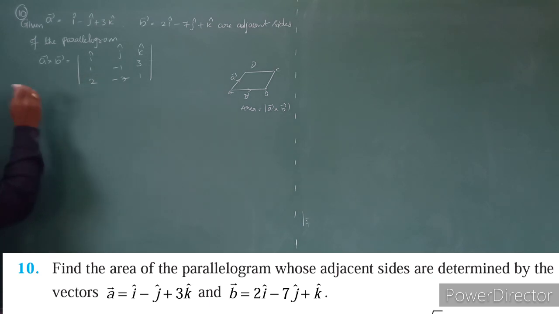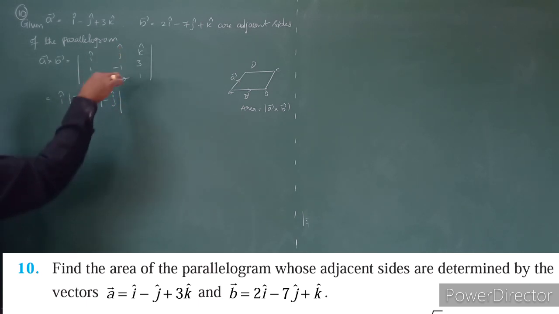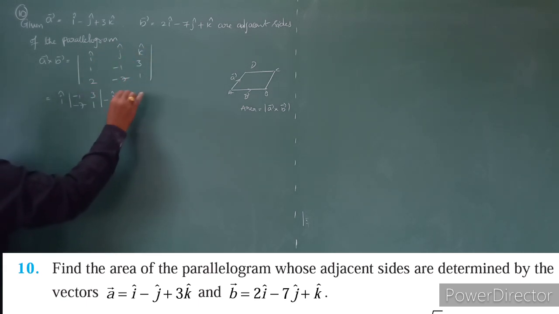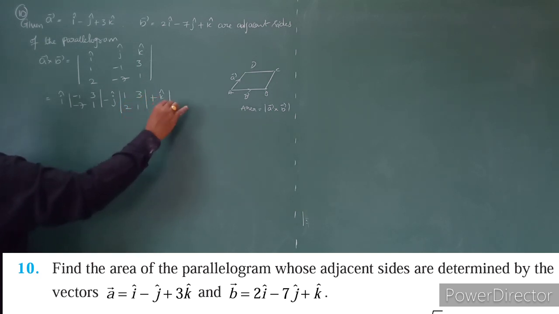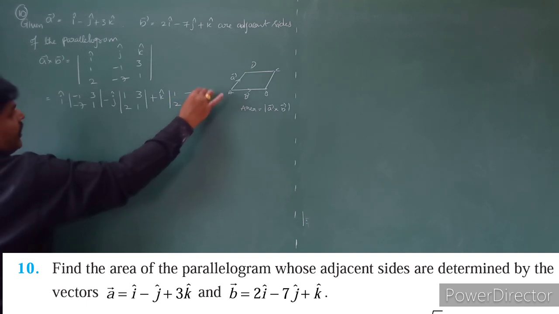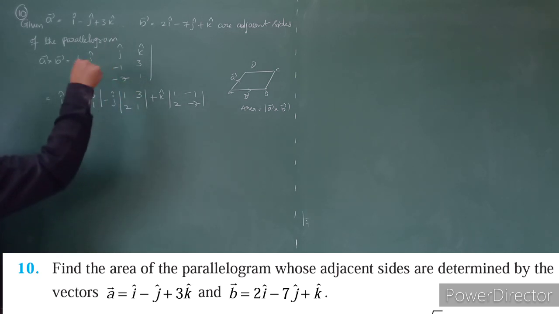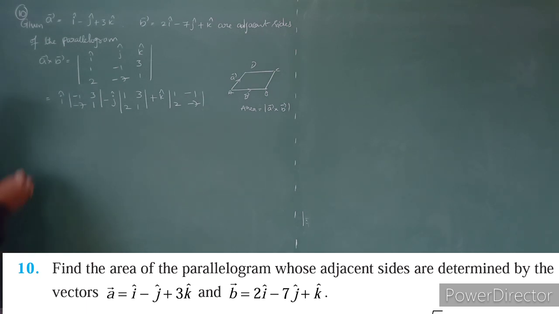So expand that value. That is equal to i cap, remove the row and the column, minus 1 3, minus 7 1; minus j, remove the row and the column, 1 3, 2 1; plus k cap, remove the row and the column, 1 minus 1, 2 minus 7. Expand the values here.